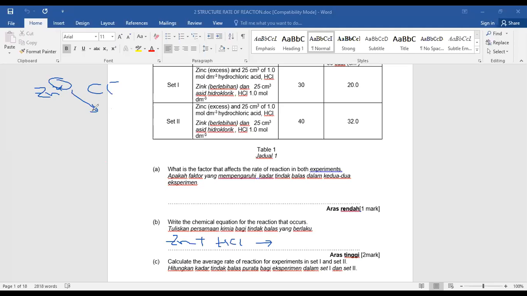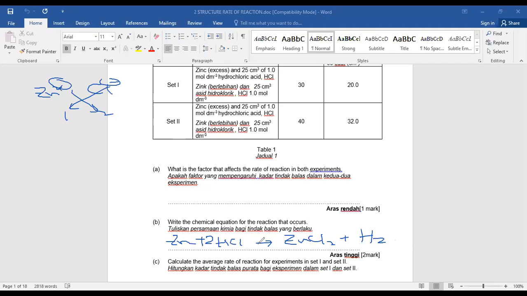Take the number 2 cross it, take the number 1 cross it. You are getting ZnCl2. And from your chapter previously, when acid reacts with reactive metal, you are going to get salt and hydrogen gas produced. Now balance up the equation, you put a 2 here. Okay, this is the chemical equation.